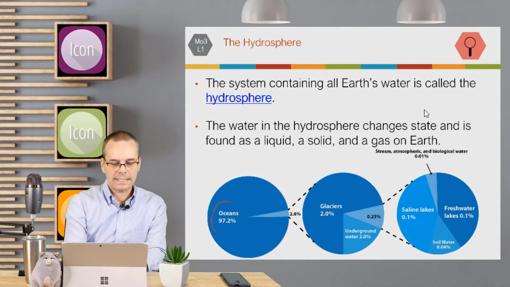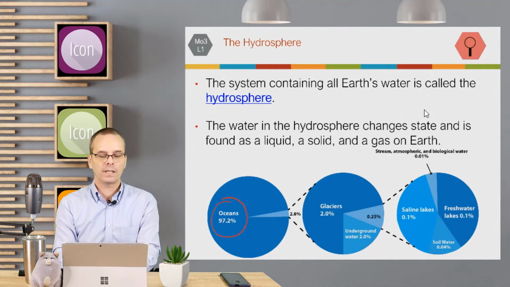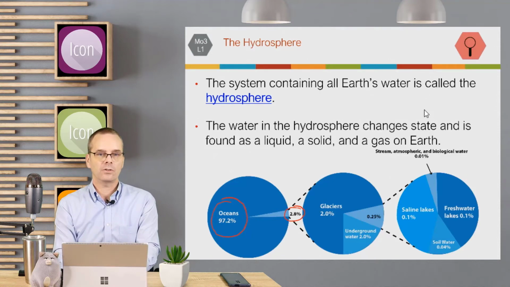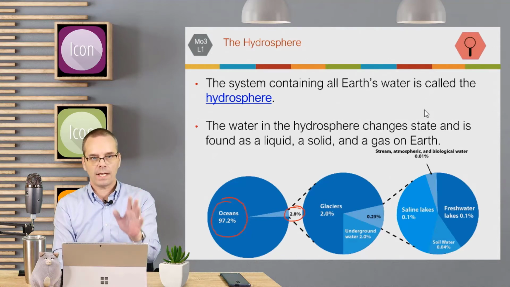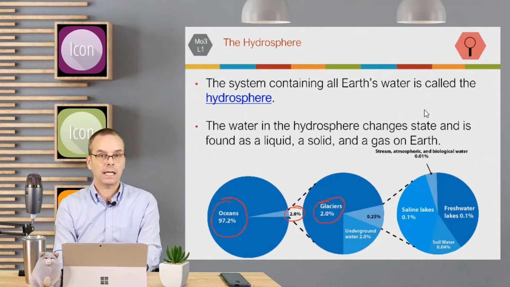So 97.2% of the water in the hydrosphere on Earth is in the ocean, right? Only 2.8% is not in the ocean. And of that 2.8%, about 2% is frozen as glaciers, right?